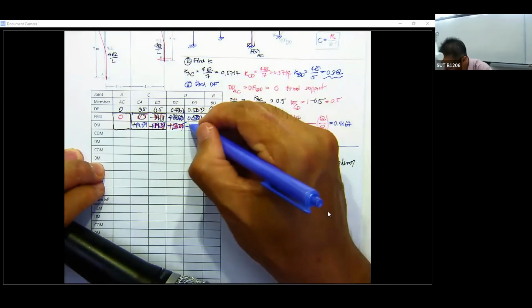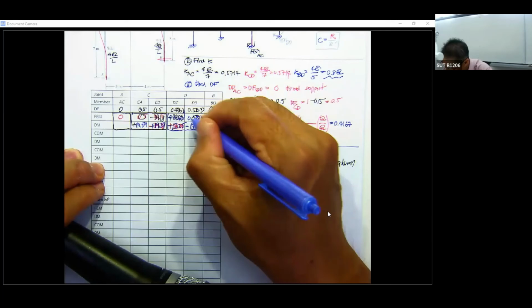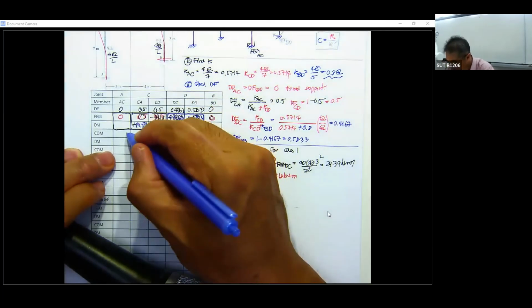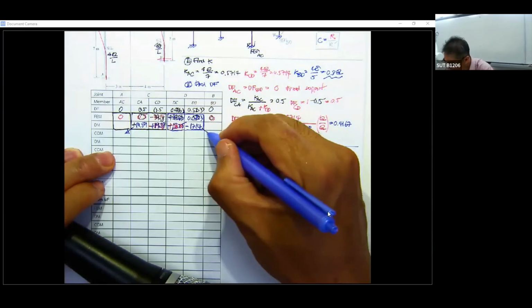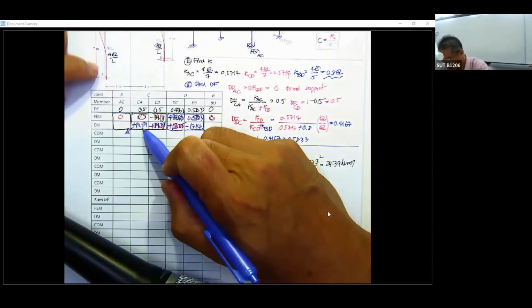This one is going to be 17.14, and it is in equilibrium, and then it's going to have the carryover moment. The moment here, carry over here.